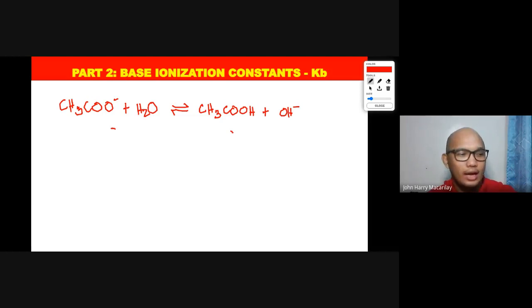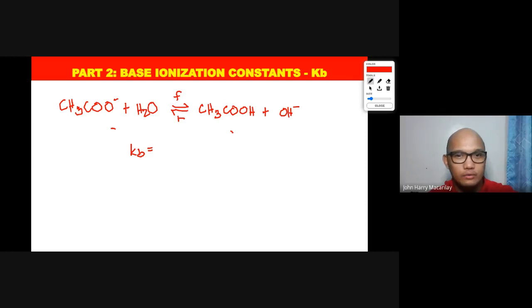So how will we now understand the ionization constant of the base? Kb, the same as your Ka, measures the equilibrium constant for the ionization of your base. It represents the fraction of the original base that has been ionized in the solution, so it reflects the strength of your base. At equilibrium, if the forward reaction equals the reverse reaction, we can assume that the constant of the base is equivalent to the product over the reactant, or ionized over unionized.